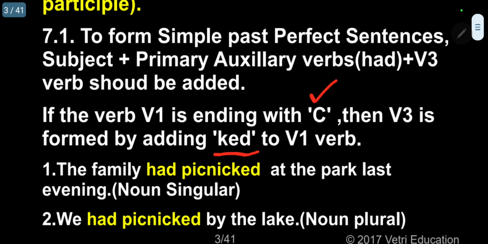Simple example, picnic, here I have given at the top. It's a verb ending with C. So, when I am using simple past perfect sentences, now I have to add KED. So just see the example now. The family had picnicked at the park last evening.